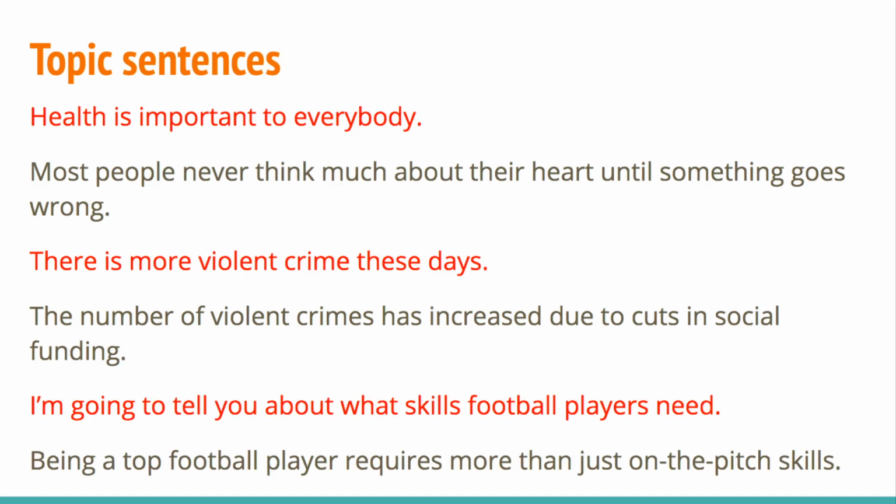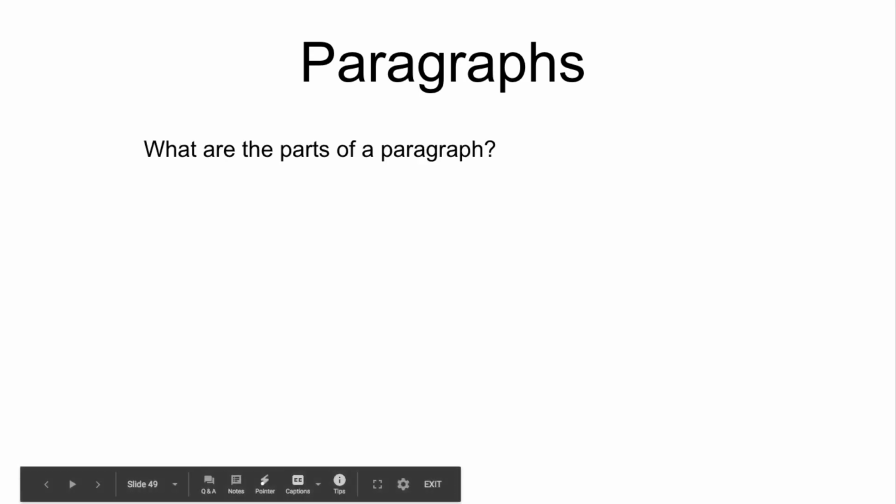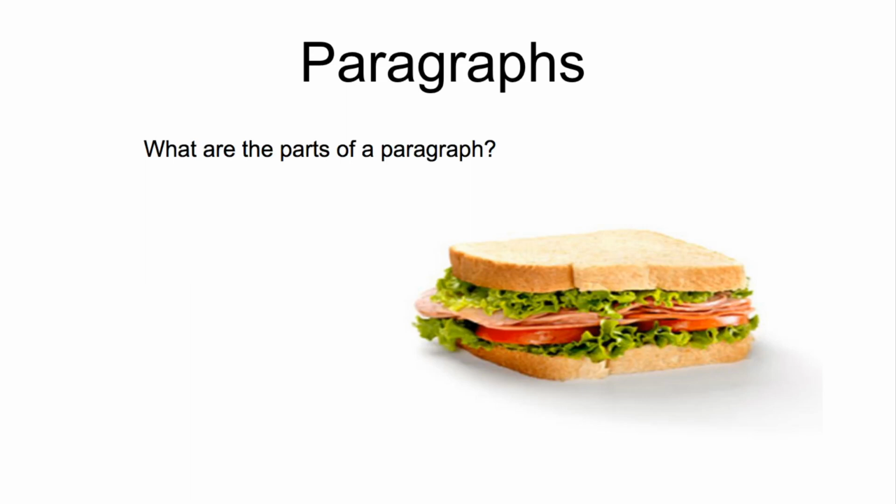So if the topic sentence is our first sentence, then we can think of paragraphs in a certain shape. We can think of the parts of the paragraph like a delicious sandwich. The top slice of bread is our topic sentence.